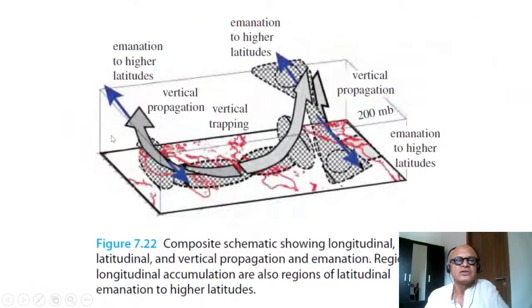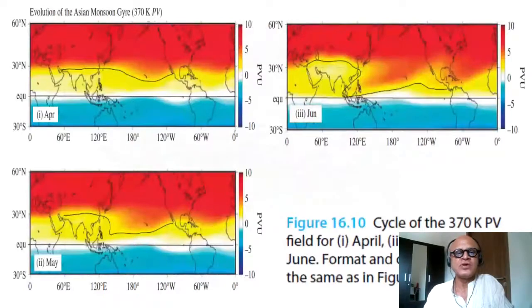Okay, so then the westward advection of the PV in the lower latitudes in the easterlies, and then back onto the extratropics, right? So this tropical extratropical exchange we had argued is very important.